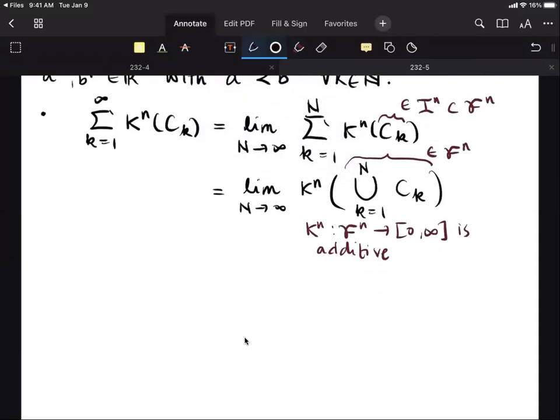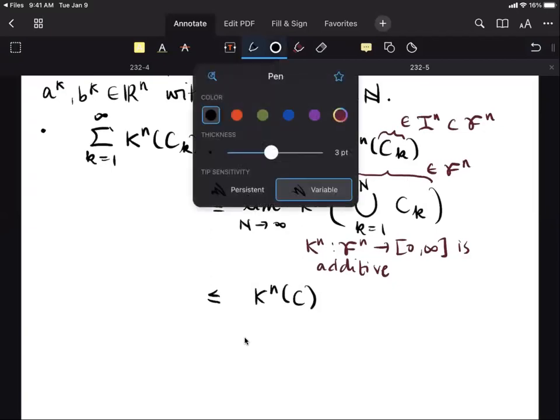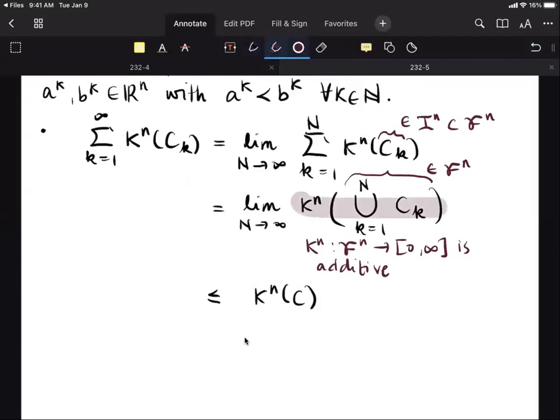And if you see here, the partial union is smaller than, so it's a subset of the whole union, C, okay? So each of these terms here is less or equal to kappa n of C, because C is larger than the partial union.